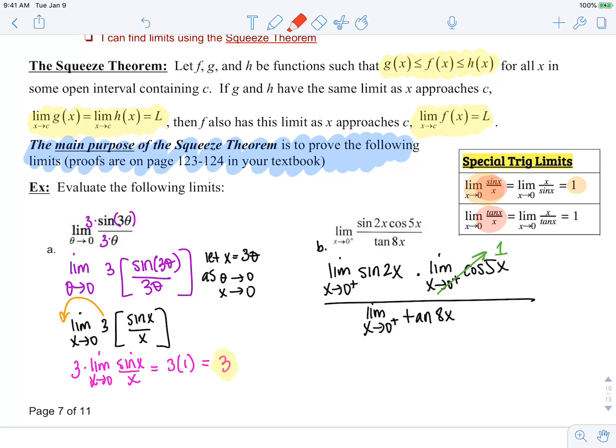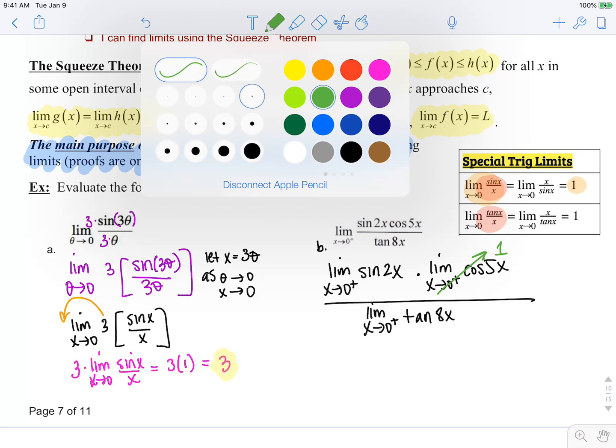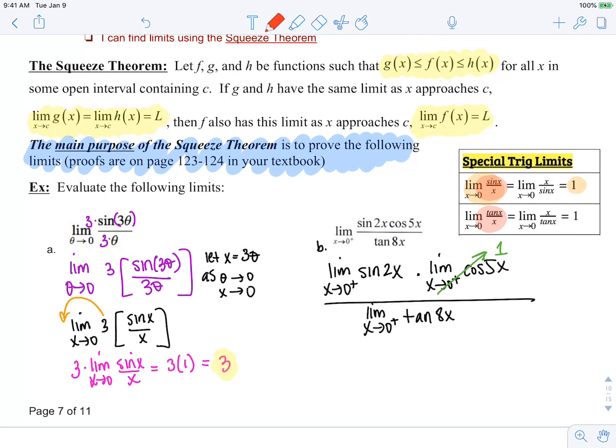How can we make these limits look more like these special trig limits? Well, sine 2x, I can multiply this by 2x over 2x. And tangent 8x, I can multiply this times 8x over 8x.